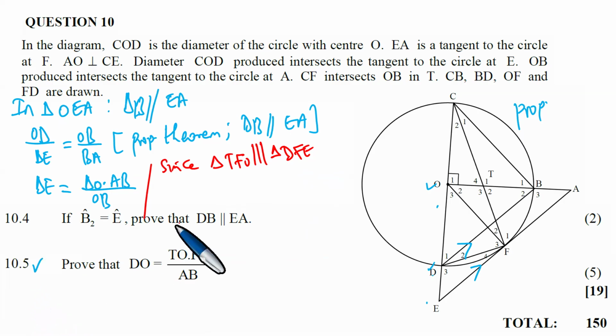which means therefore we have FO over FE. Okay, this one is from the previous question.